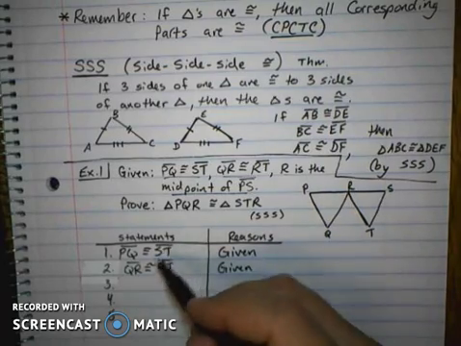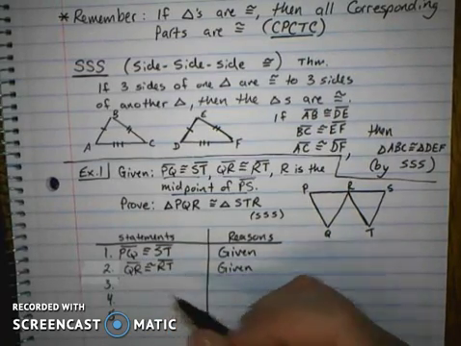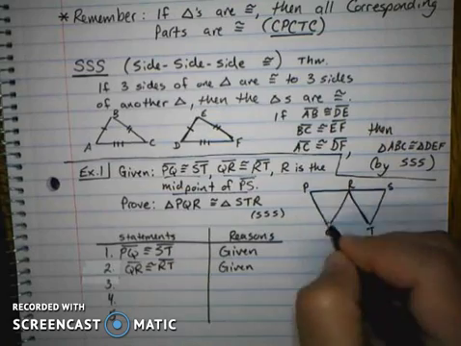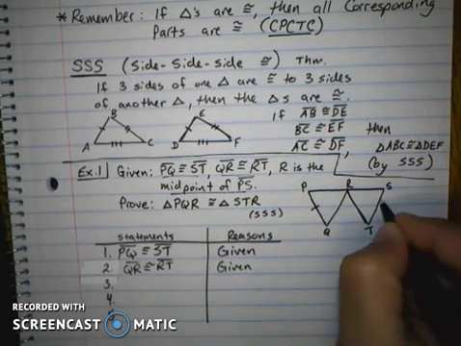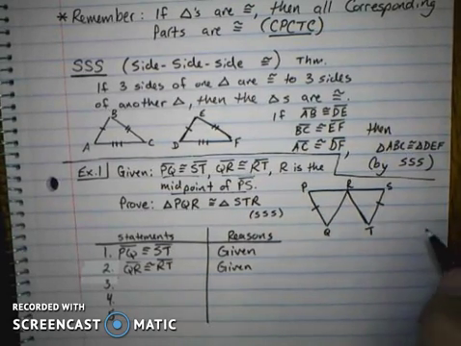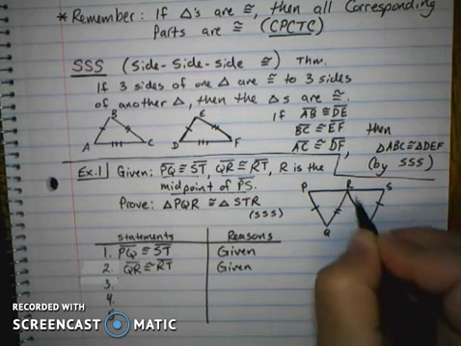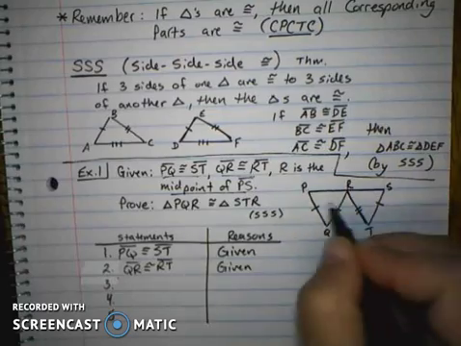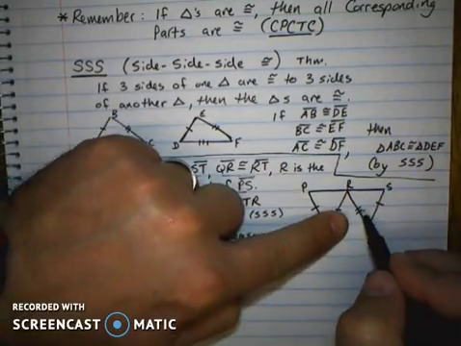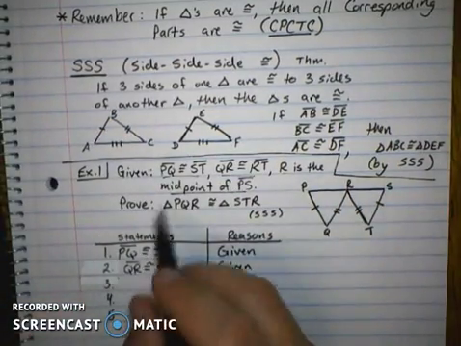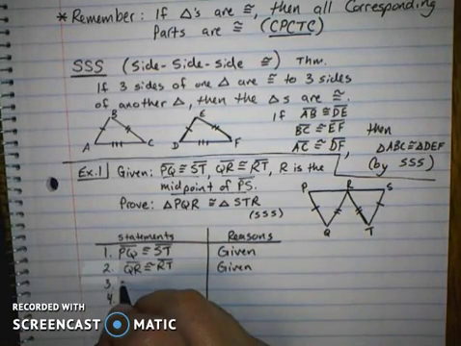Now, we've already shown two pairs of congruent corresponding sides. We can mark PQ congruent to ST, and we can mark QR congruent to TR, or RT. So there's two pairs of corresponding congruent sides. I just need a third pair. That's why this other given statement is listed separately.